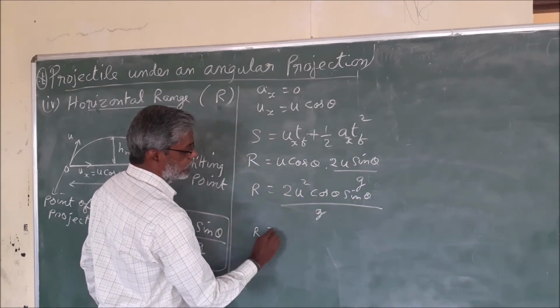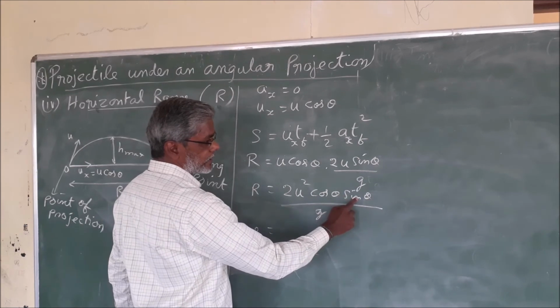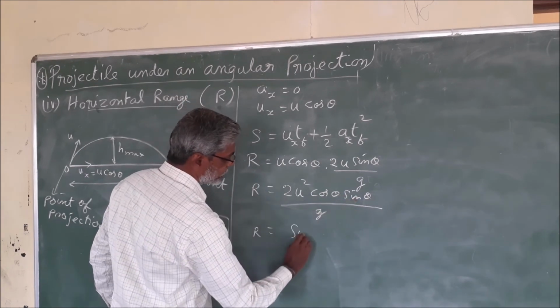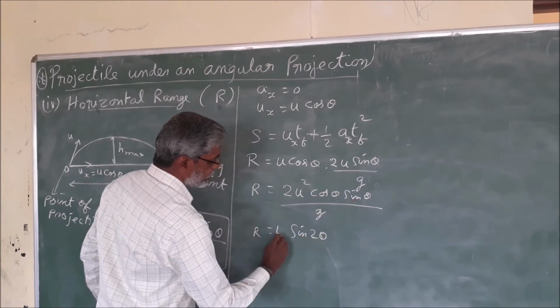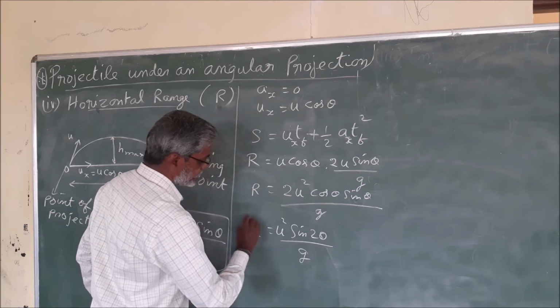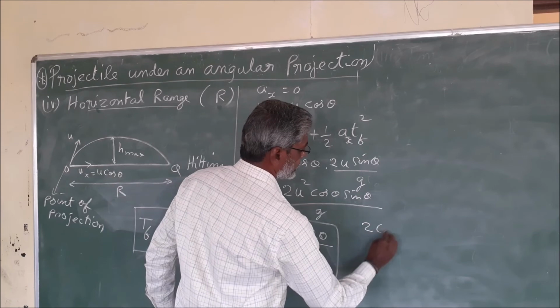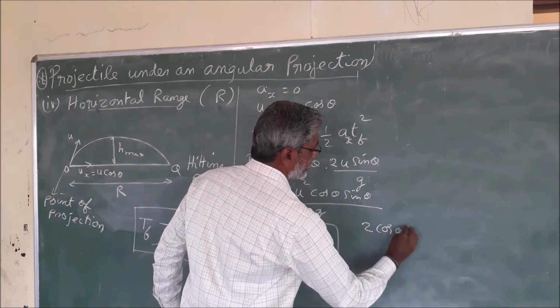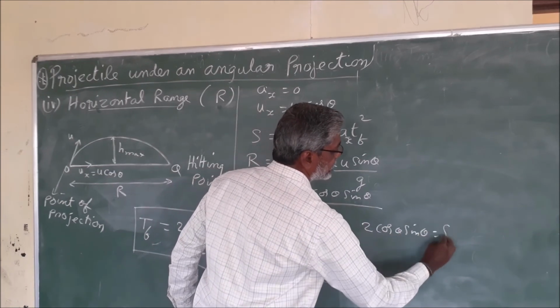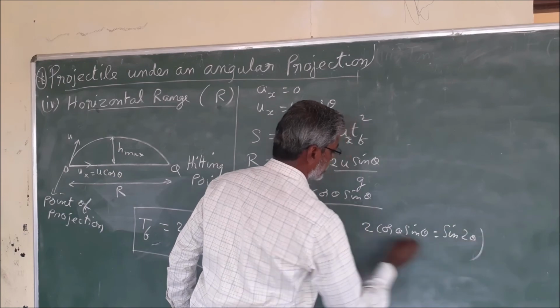So R is equal to sin 2 theta times u square divided by g, since 2 cos theta sin theta is nothing but sin 2 theta.